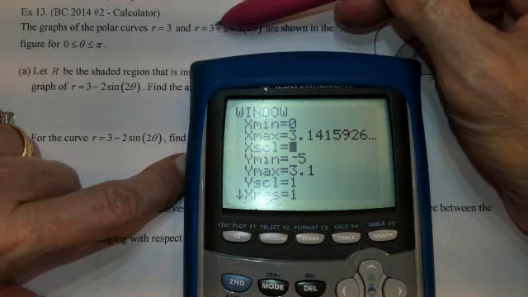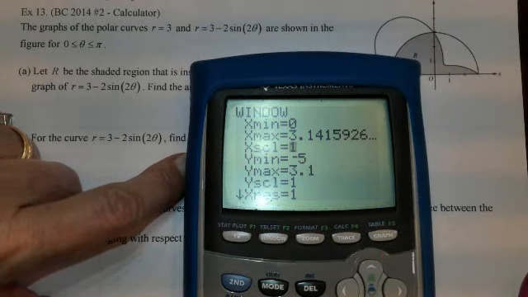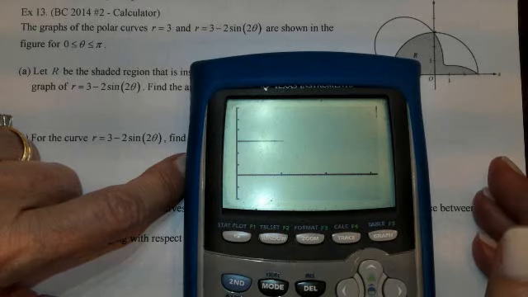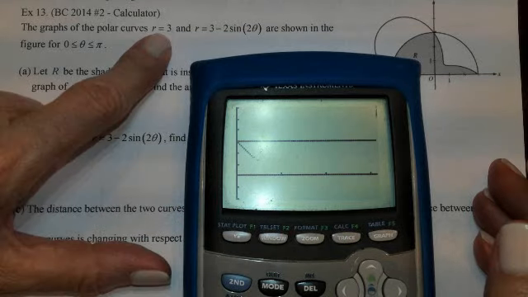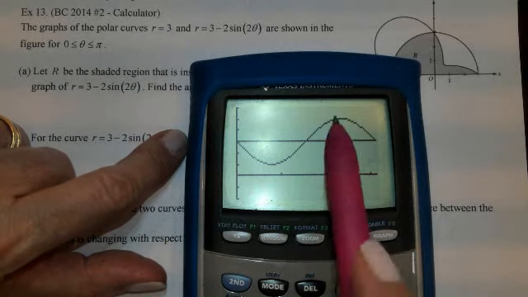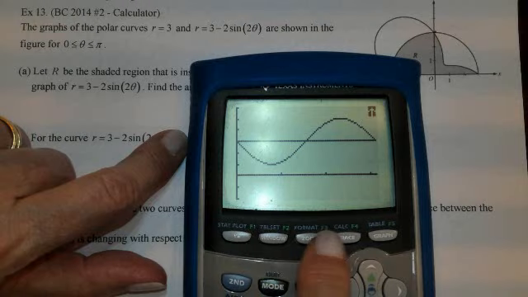The most this could be is 5, right? So I think I'm going to go from like -2 to 6. So there's r equals 3. Let's find this intersection value here.